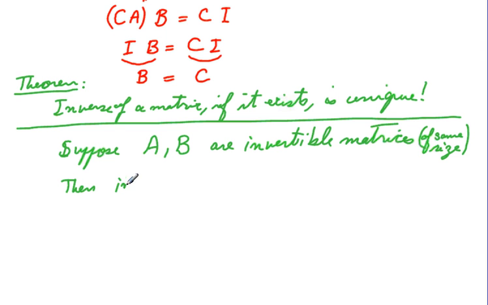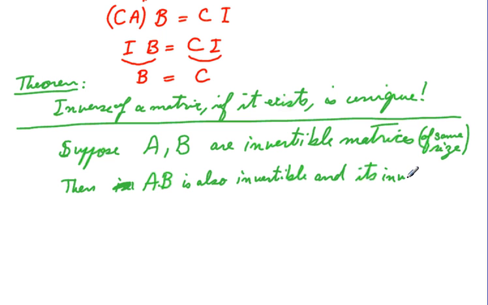Then A times B is also invertible. And its inverse is... so here the claim: if you have two matrices, each of them invertible, then we can guarantee for you that the product of these two is also invertible, that A times B does have an inverse.